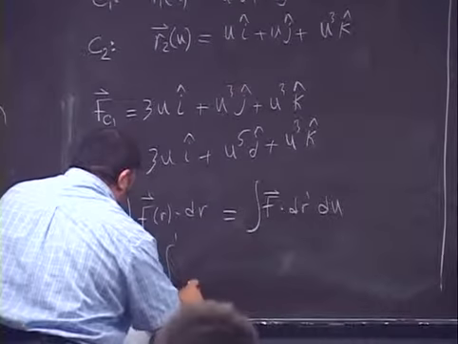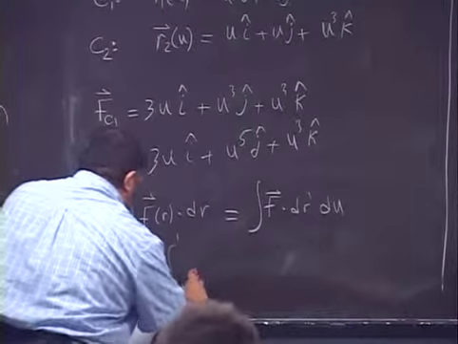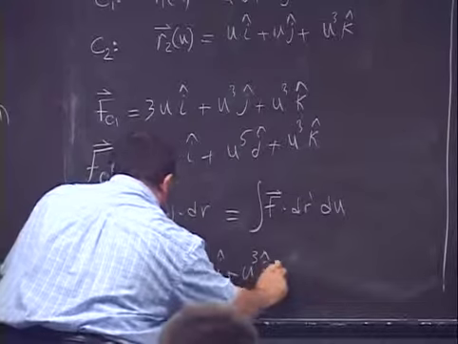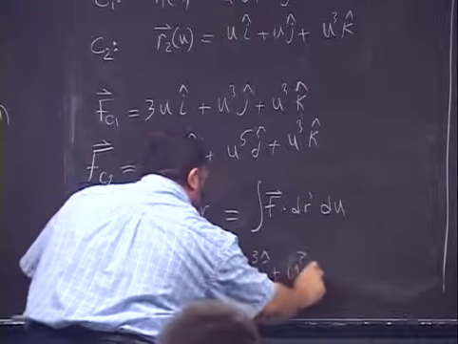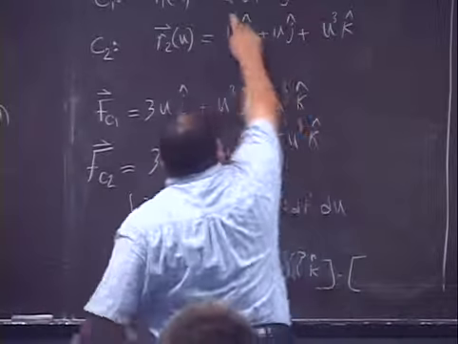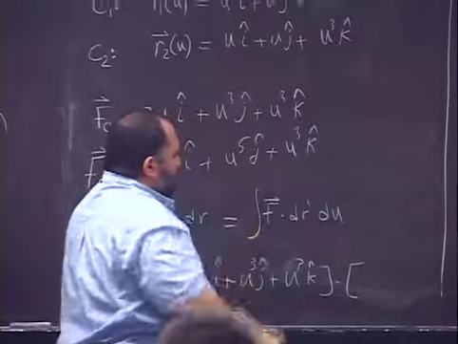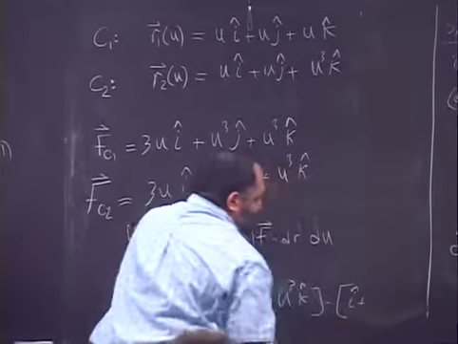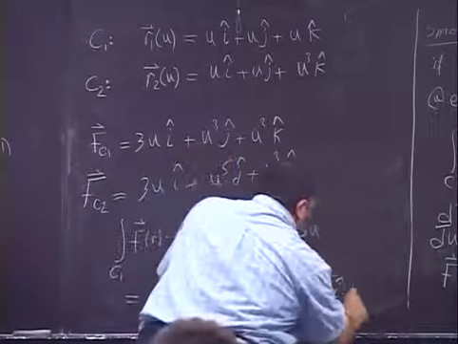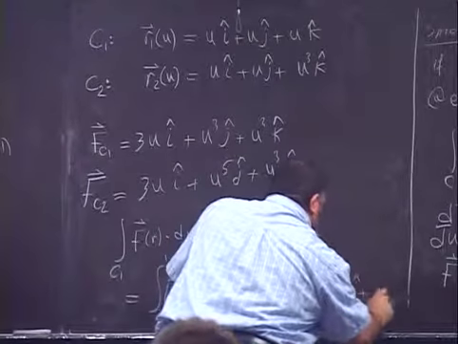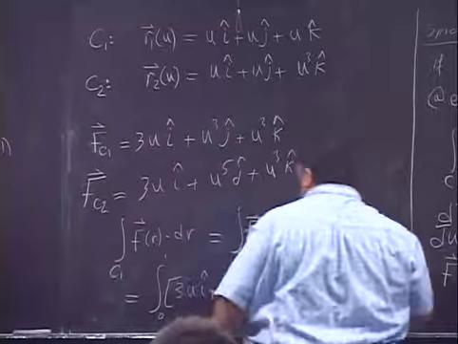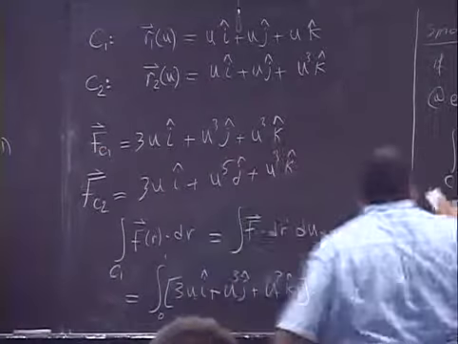So for the first curve, f of u is 3u in the i direction plus u cube in the j direction plus u cube in the k direction, dotted with r prime, which from here is 1 in the i direction plus 1 in the j direction plus 1 in the k direction. So it will be i, j, k, integrated over du. Do you have any questions so far?